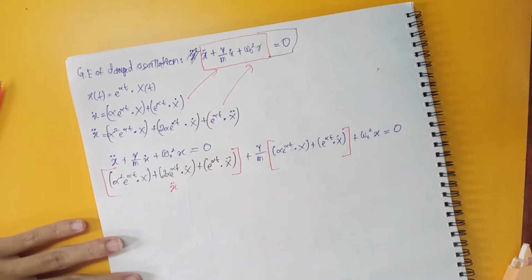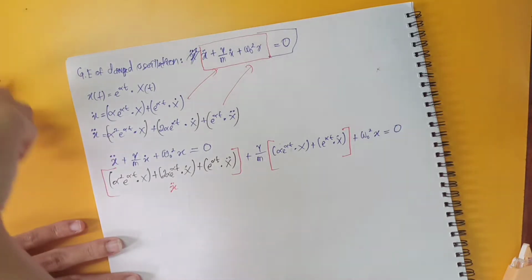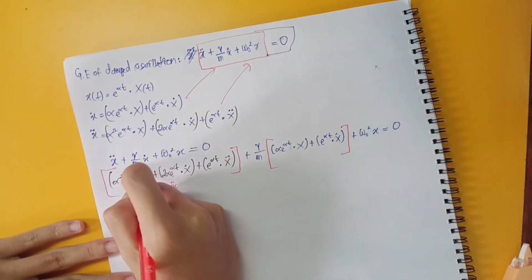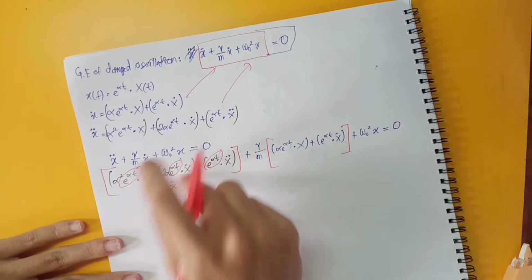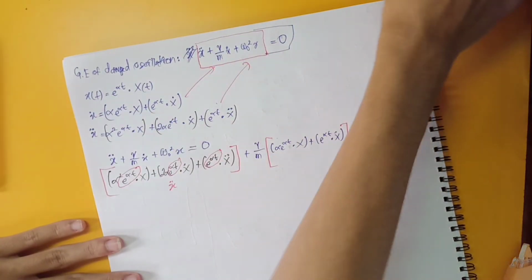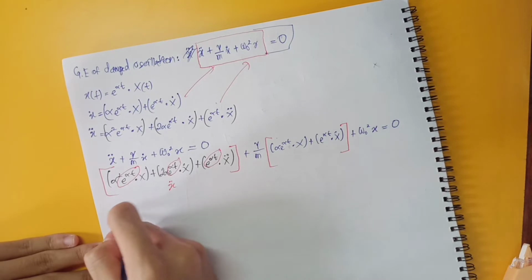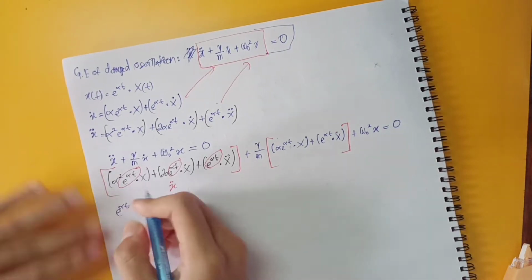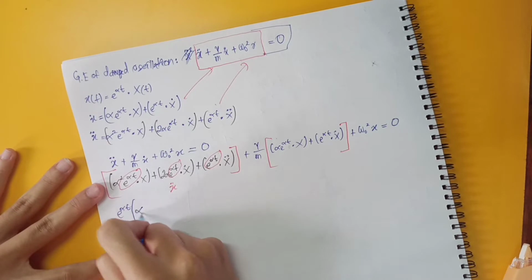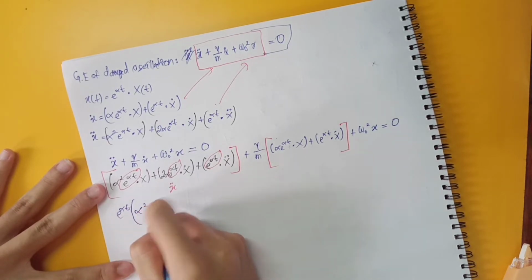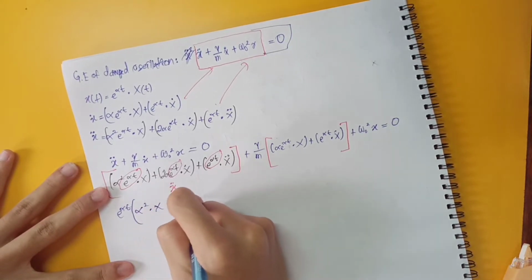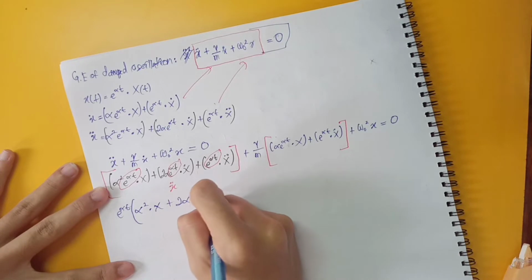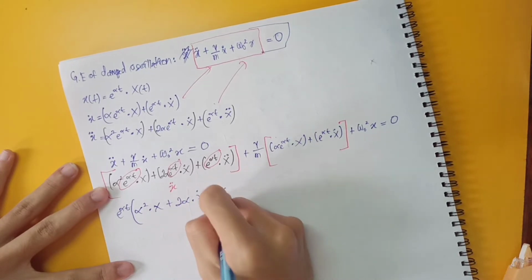Very simple. Now I want to do factorization. We have exponential power of alpha t in every term, so let's put it aside. We get exponential power of alpha t, open bracket, alpha squared times capital X, plus 2 alpha times x single dot, plus x double dot.